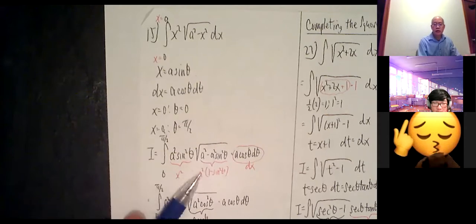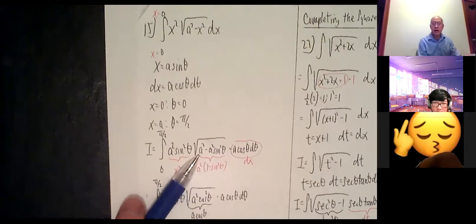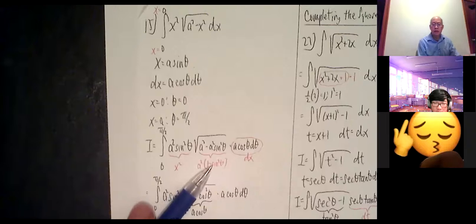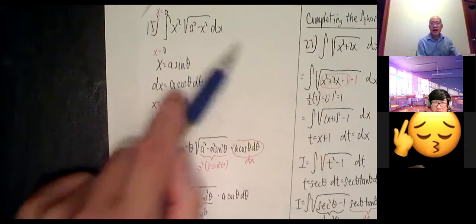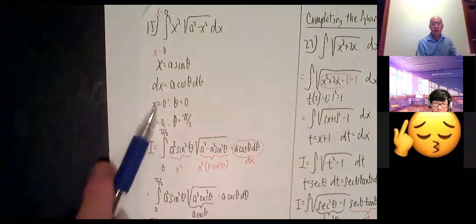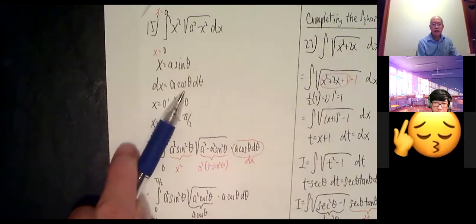Okay, and notice the same trick. You can factor out an a squared, giving you 1 minus sine squared. What is 1 minus sine squared? Cosine squared. And then hanging off at the end is dx. What was my dx? A cosine theta d theta.